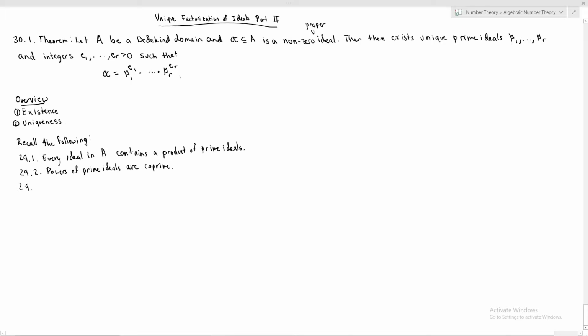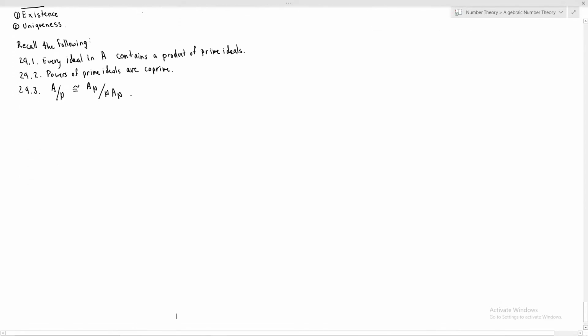And 29.3 is going to tell me that A mod P^n is isomorphic to A_P mod P^n A_P. Remember, A again is a Dedekind domain, so each of these prime ideals are also maximal ideals, so I can use 29.3 to give me this isomorphism. These are three lemmas that we're going to use in the proof.